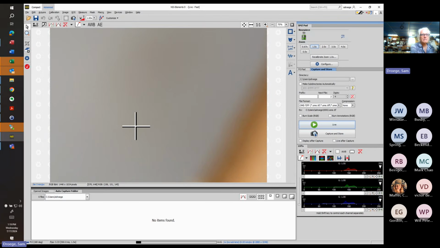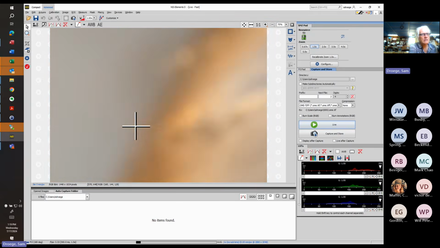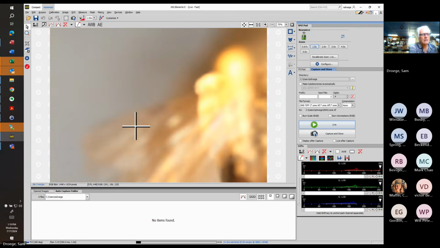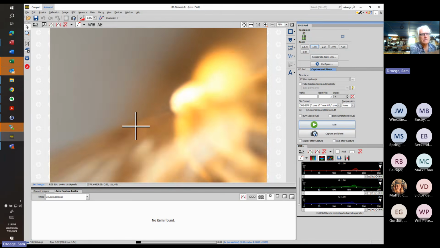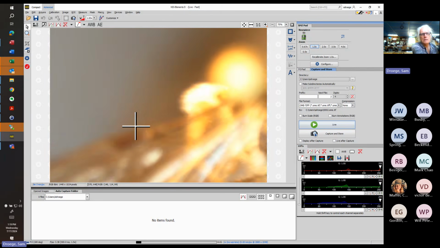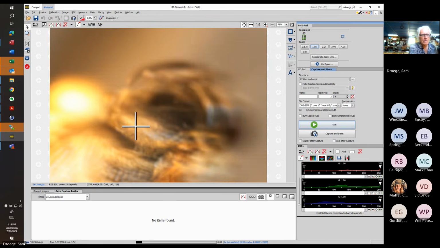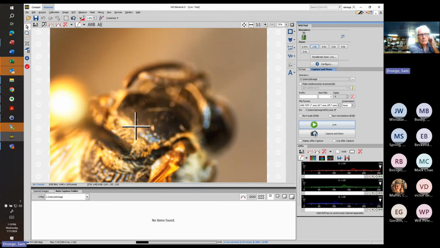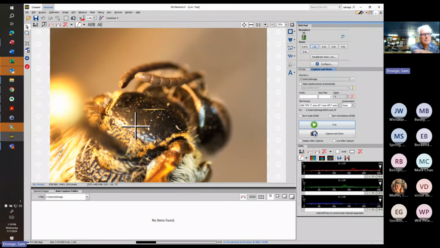Bring the mag down, try and get our specimen in there. It's not in center. There we go. Bring this up. Okay, so we're looking at the scutum primarily.